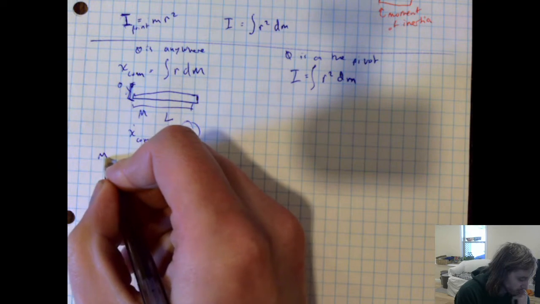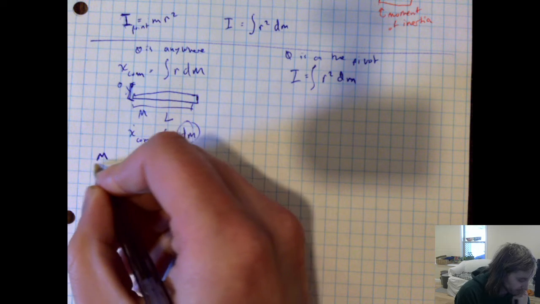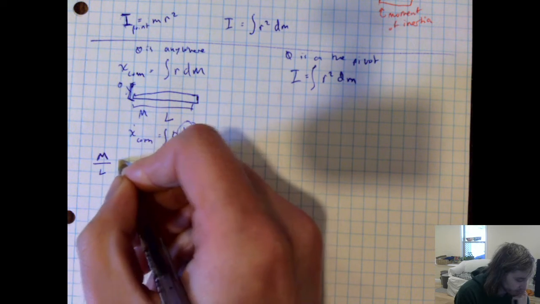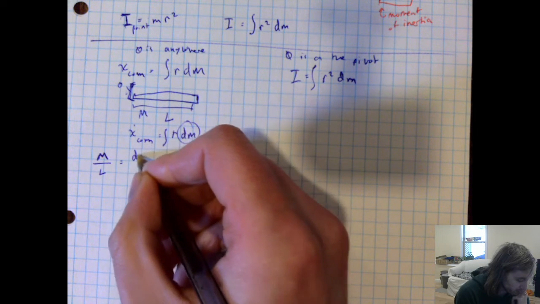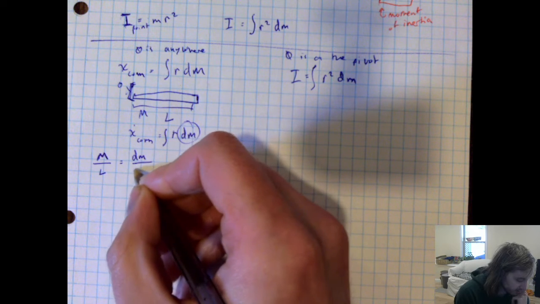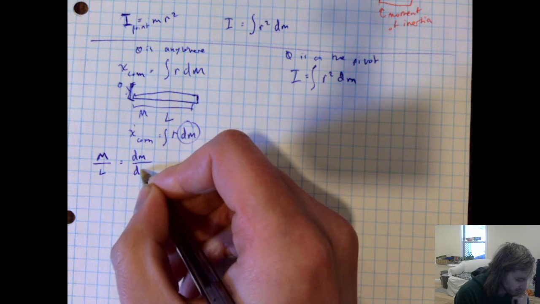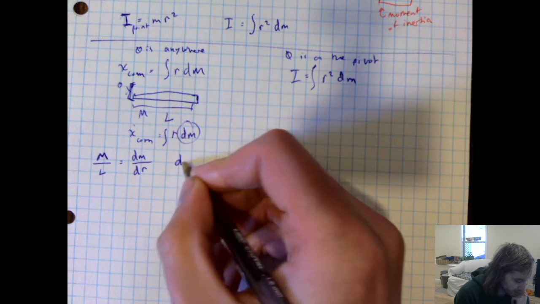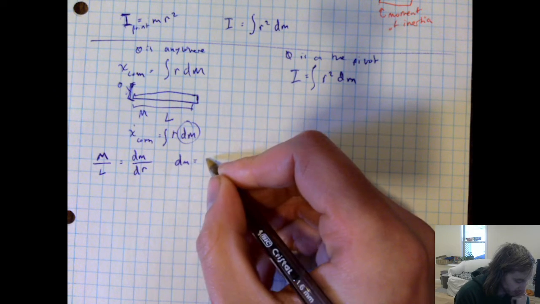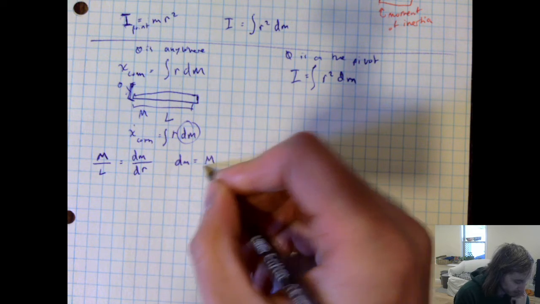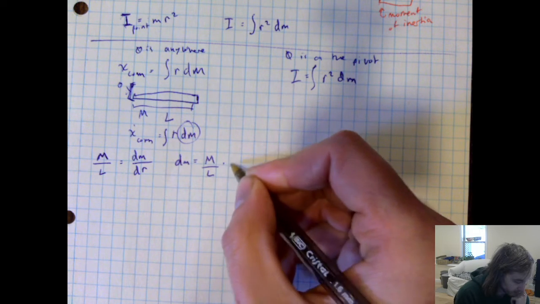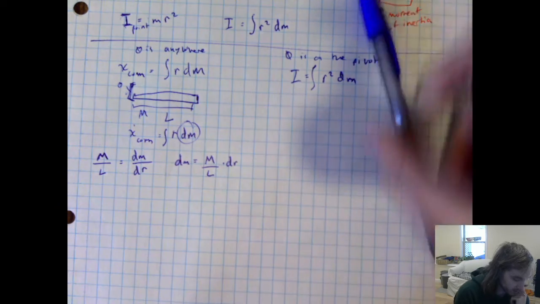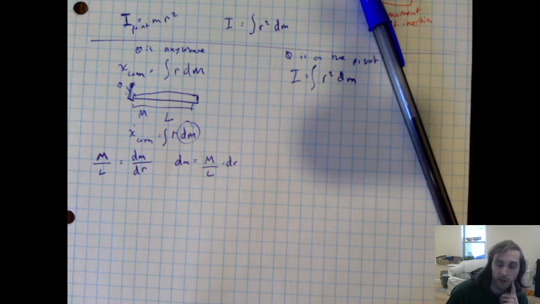If I take the mass of the whole thing and divide it by the length of the whole thing, that will need to equal the mass of a tiny chunk divided by the size of a tiny chunk. And if I rearrange that, that means a tiny chunk of mass will be equal to the mass of the whole thing divided by the length of the whole thing times a tiny piece of the whole thing.